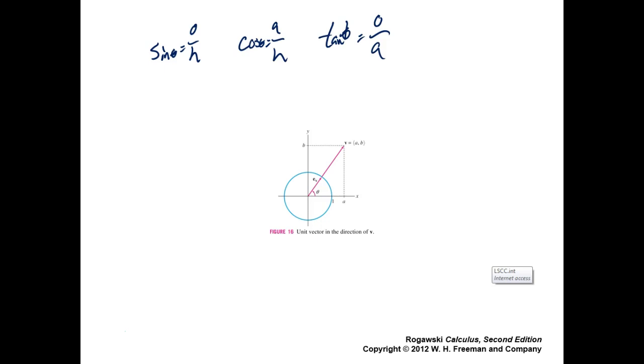Well, guess what? That means theta would be the inverse tangent of b over a. That's not what they were getting at, but since we had the picture here and it looked pretty obvious, that's how you can tell the angle theta for that particular vector V.